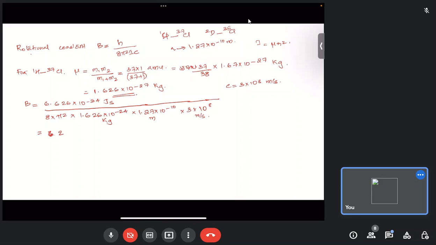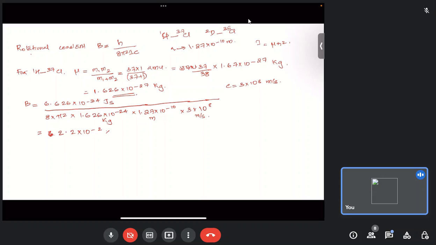This is 2.2 into 10 to the power minus 2.